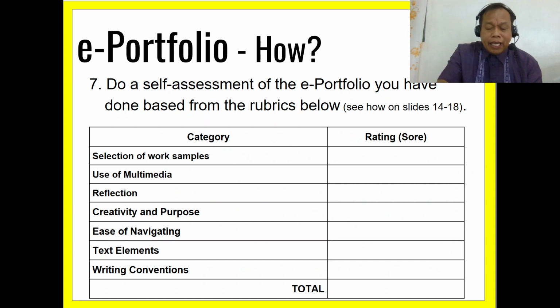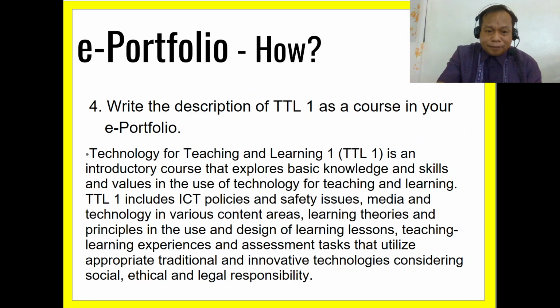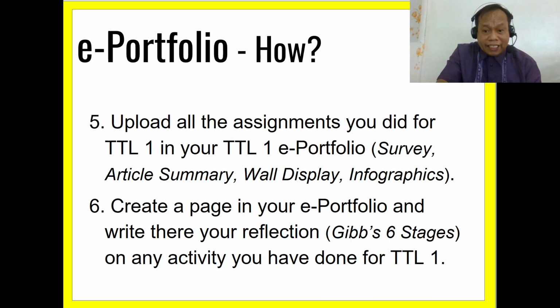Since this is the first time you will do an e-portfolio, you already have an e-portfolio for TTL1. And it already has maybe 5 pages, including the e-portfolio reflection, maybe about anything that you have done there.